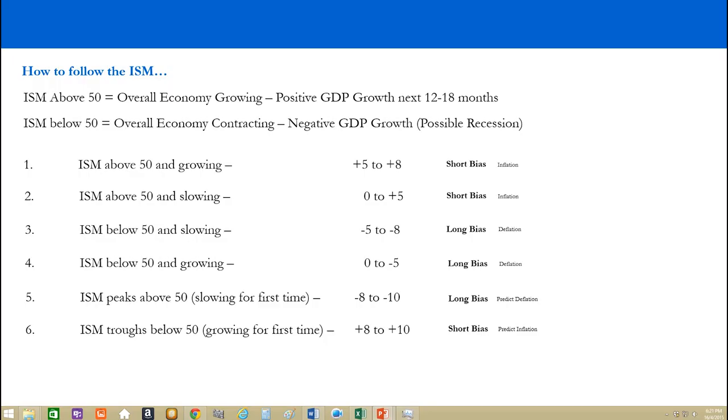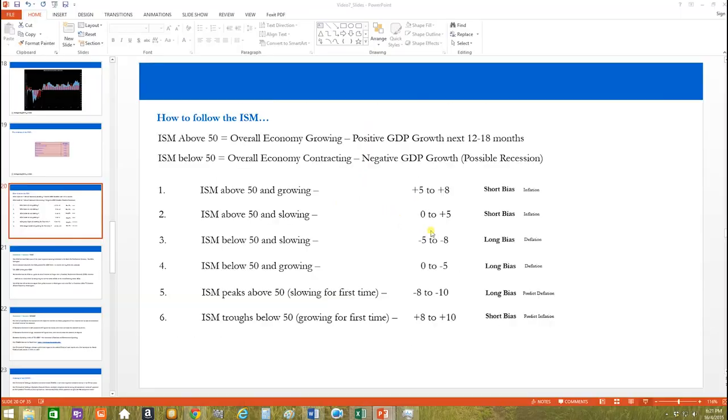So we're going to have to score this quite highly, in the +5 to +8 range. But for the ISM, we've got a situation where it's been slowing down for quite a while, and it's quite a low rate historically, but it's above 50, so around 51, 52. So we need to be scoring this around here.